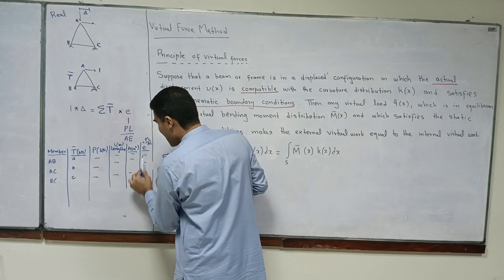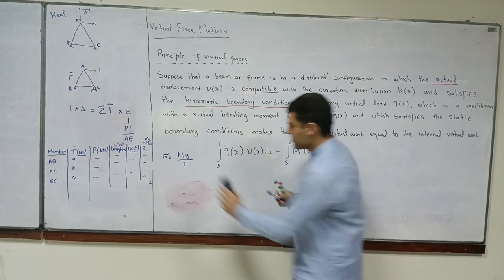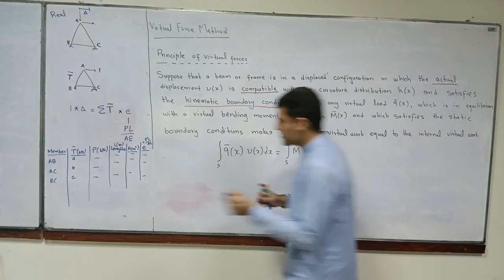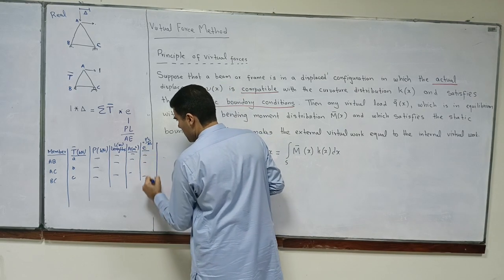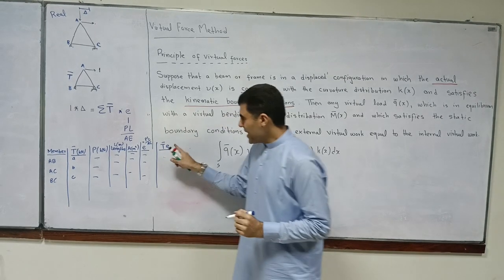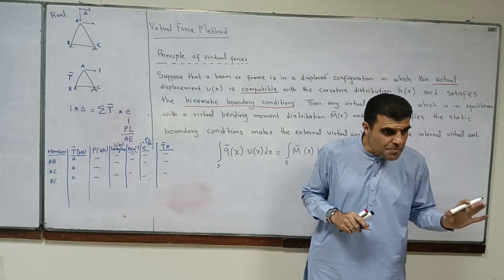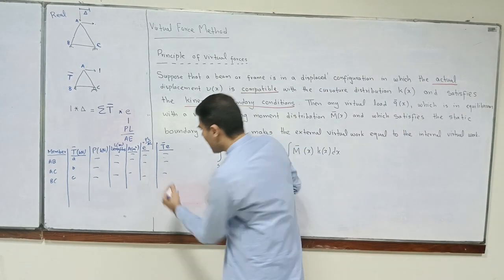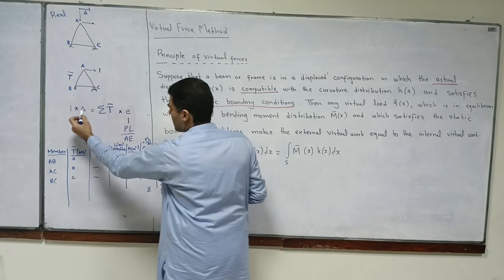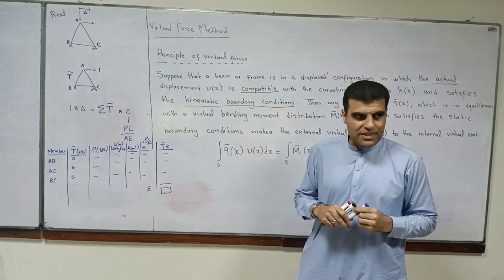Then you will multiply that e with T bar, all of them, so you will get T bar e. Agreed? Once you find that, you will find out the summation. Whatever you get, that is your delta. That's what you have to do.